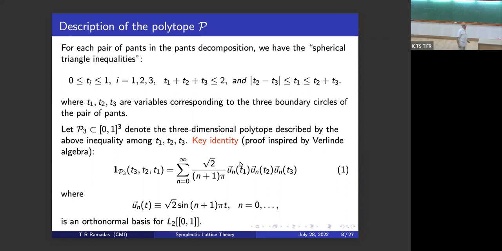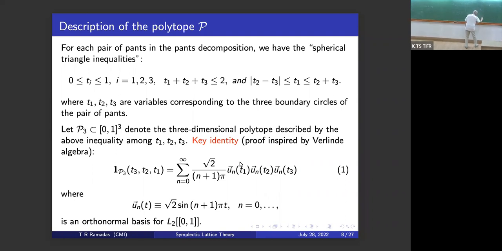Now, what makes the integral over the polytope tractable is that each of those constraints can be very efficiently implemented. Take the three-dimensional polytope given by that equation up there, and take the indicator function of that polytope. In the t1, t2, t3 hypercube, I have a polytope contained here.